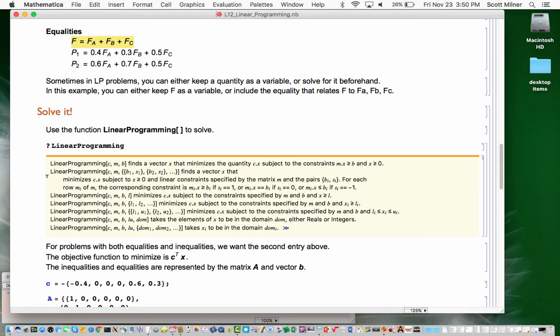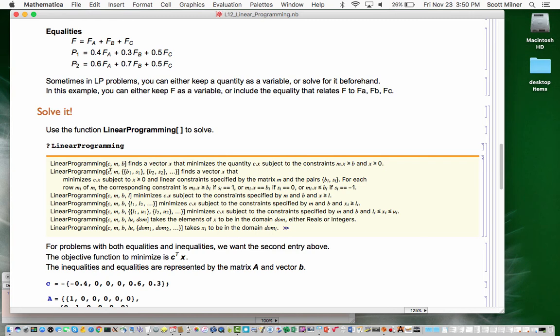The form that we want is the second of these various forms, because we have some constraints that are equalities and some that are inequalities. And so the syntax of this, as written here, is a little bit complicated, and that's why we have this example here to guide us as to what sort of input to give to Mathematica.